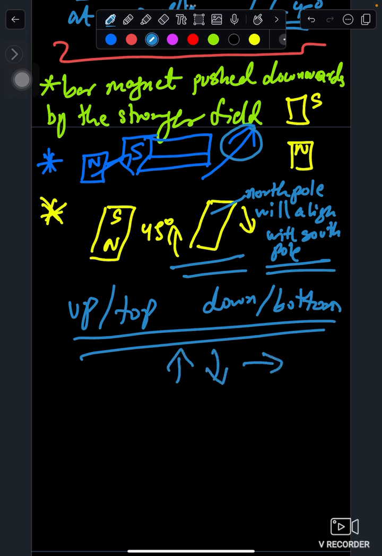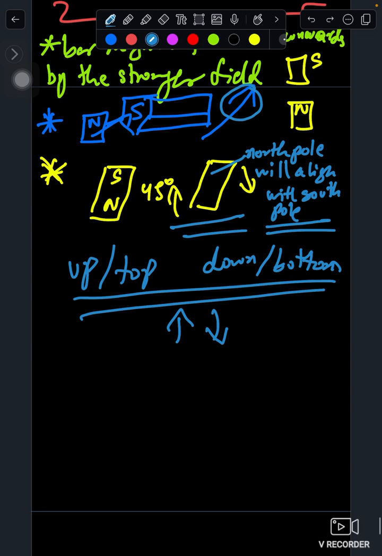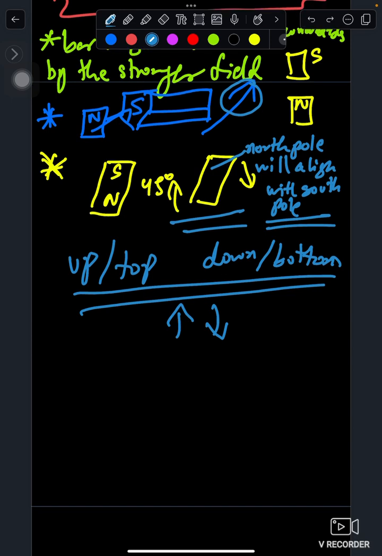It will not go in any other direction or angle. Then the twisted magnets will fill the space in between.